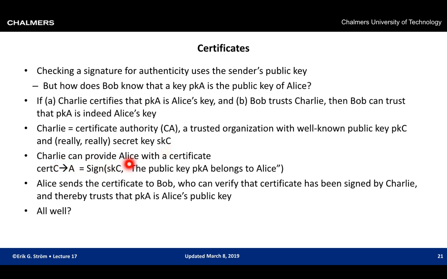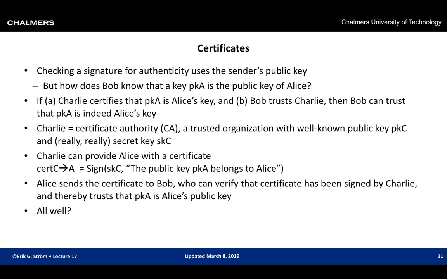Then Charlie can provide Alice with a certificate saying, I, Charlie, certify that the public key PKA belongs to Alice. With this certificate, Alice can attach this to her message or give that to potential receivers to say, hey, Charlie here tells me that this key is actually my key, right?